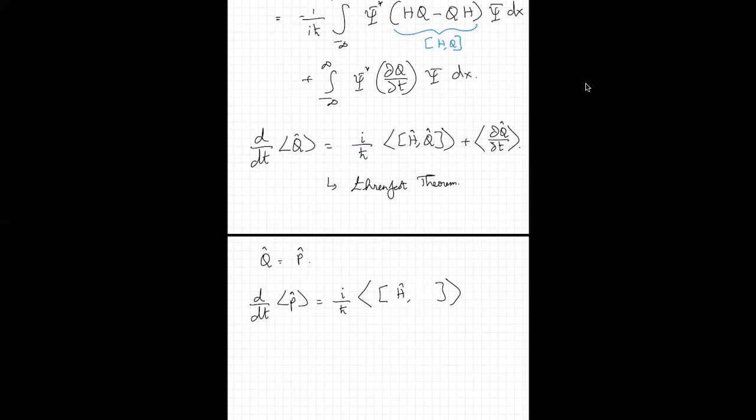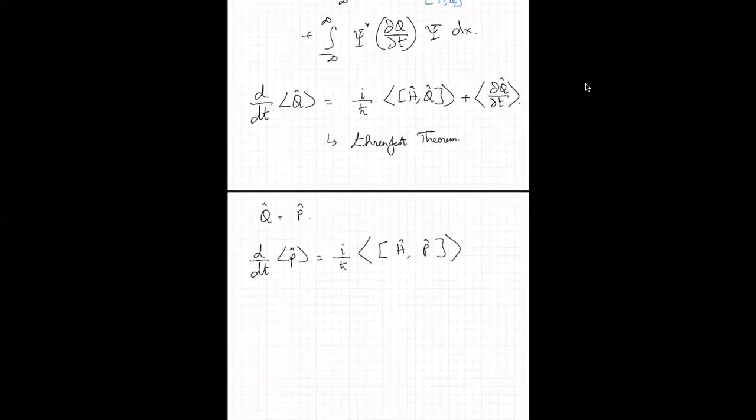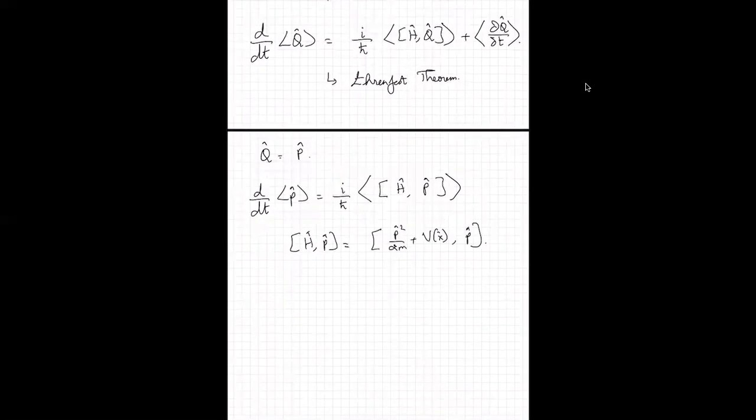Since p doesn't depend on time explicitly, the last term is 0. So what is the commutator of H and p? Well, it is the commutator of p squared over 2m plus V of x with p. And since any function of p commutes with p, this is essentially the commutator of V of x and p.